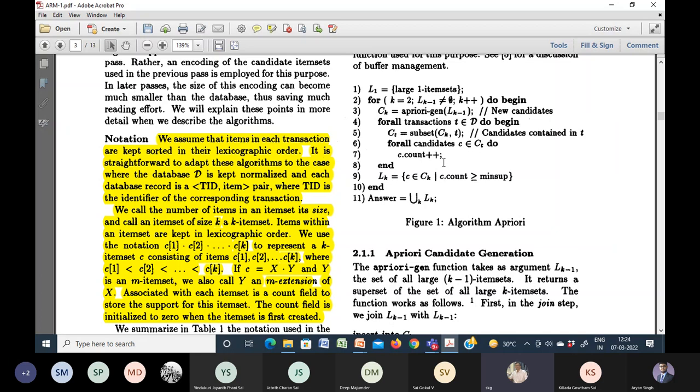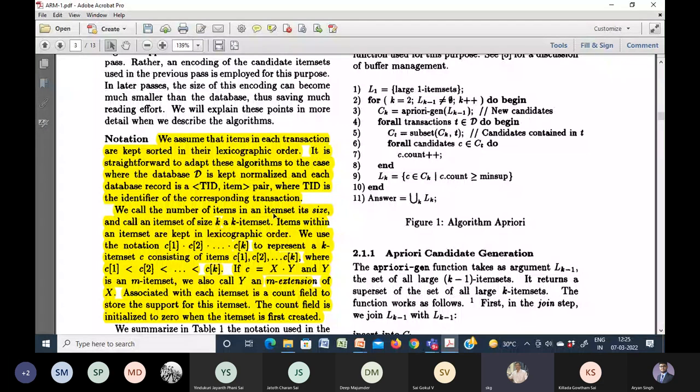It is straightforward to adapt this algorithm to the case where the database T is kept in normalized form, and each database record is a TID, transaction ID, and item pair, where TID is the identifier corresponding to the transaction, right? So that is how it is stored in the database. Every transaction has a set of items, right?